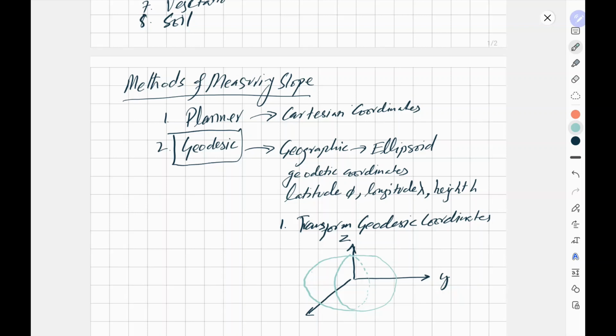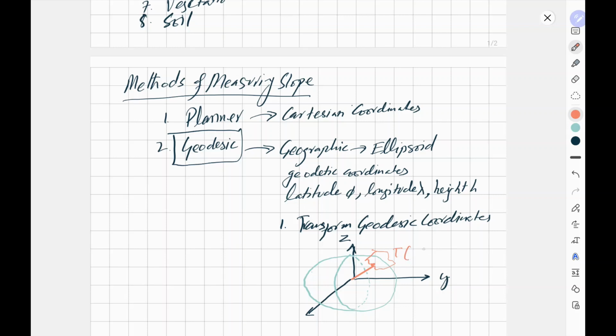So if you have a point, and that point is this one, and this point is representing some terrain. So this location, let's call this as T.